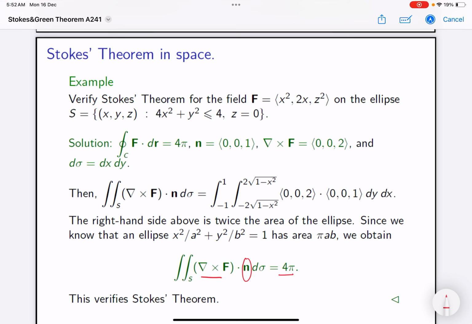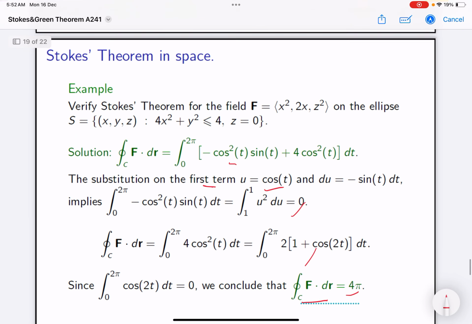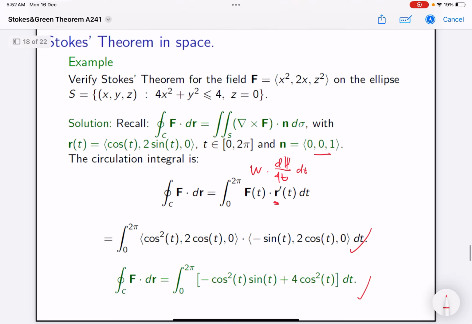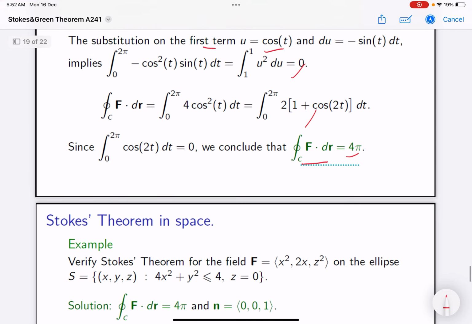This one is just to prove it. The easiest part, I think, is to use this one to show.